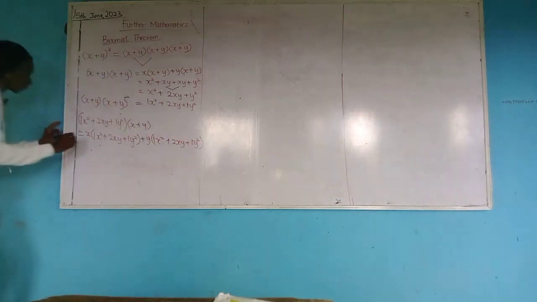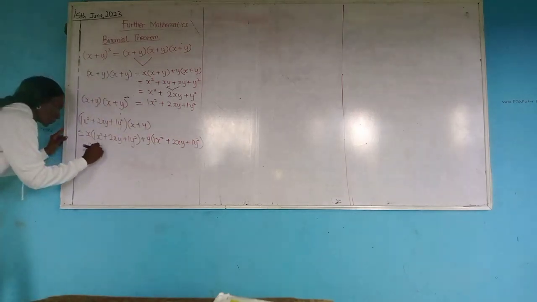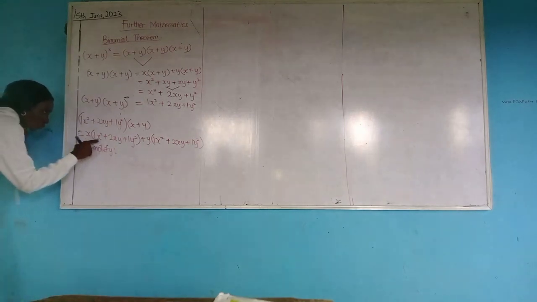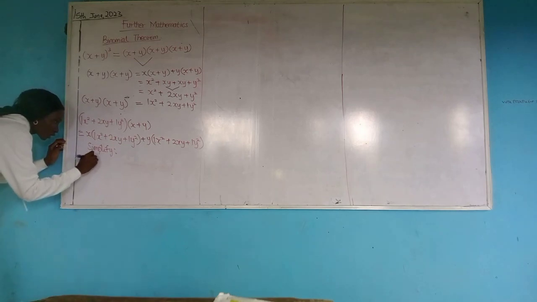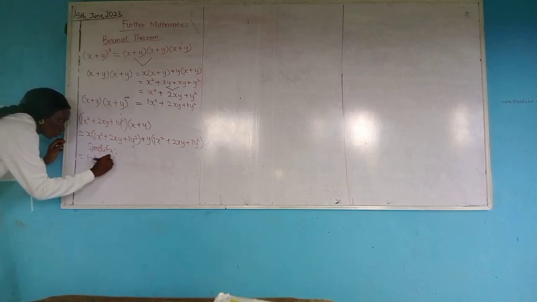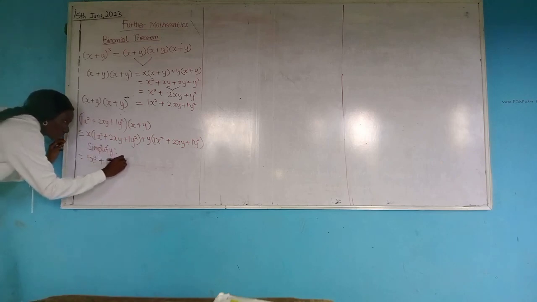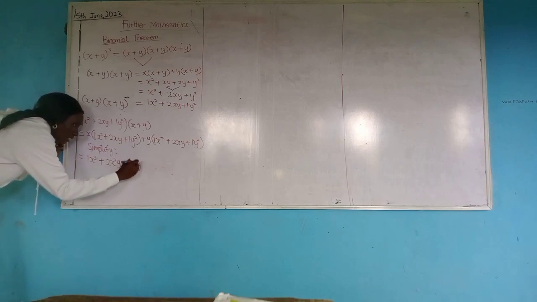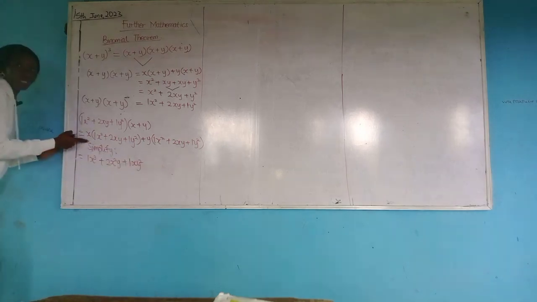Now I can simplify. x times 1x gives me 1x cubed. x times plus 2xy gives me plus 2x squared y. x times 1y squared gives me 1xy squared. I'm done with this first bracket.